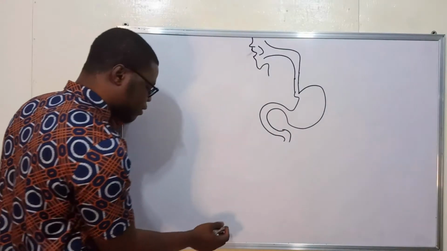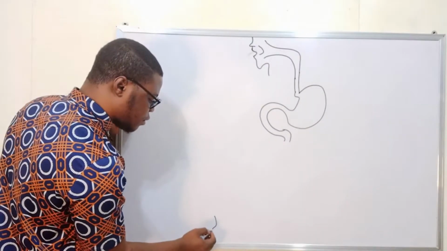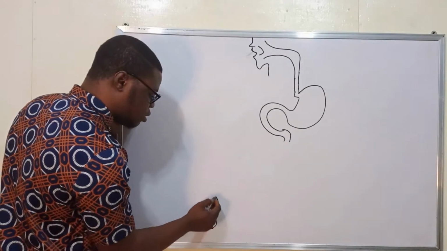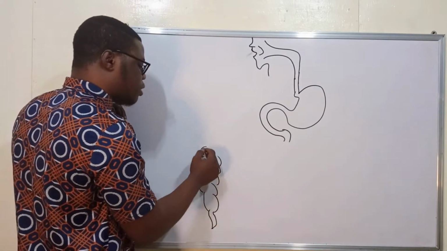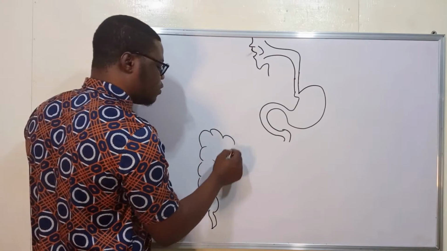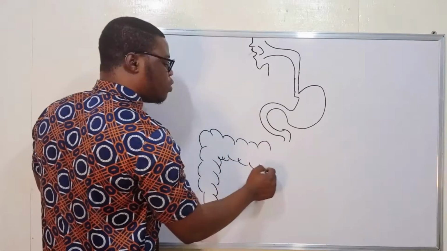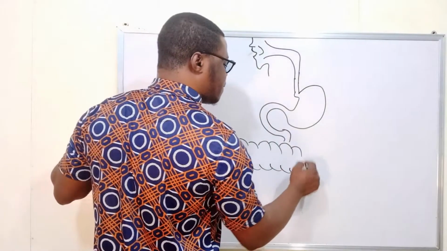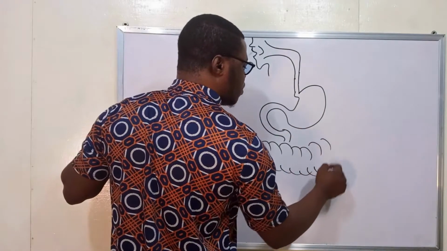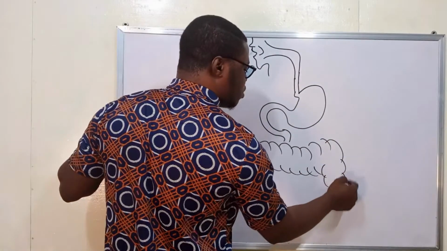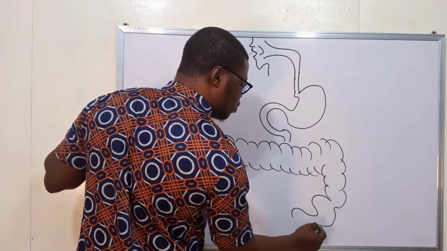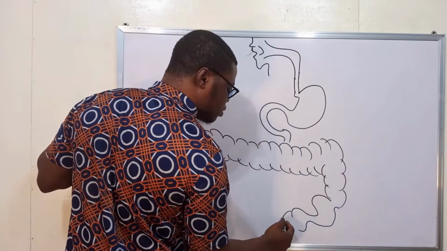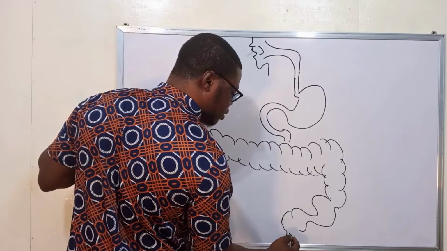From that, we are going to have our large intestine right here, somewhere around this junction. So that's the appendix, and that's the cecum. Don't worry, we'll be talking about each and every one of the structures later on. So this is the transverse colon of the large intestine. And then we have the descending colon, and then the S-shaped sigmoid colon, and then the rectum and the anal canal.